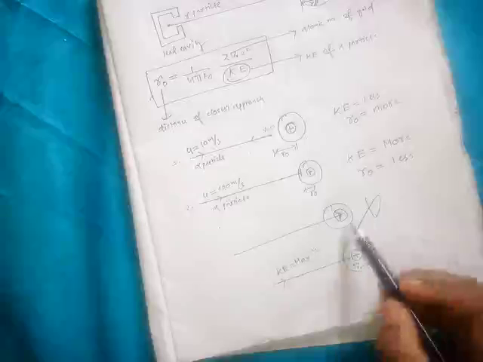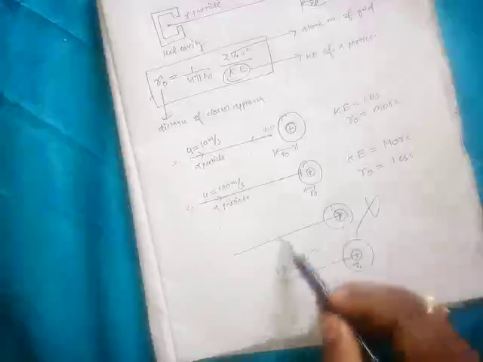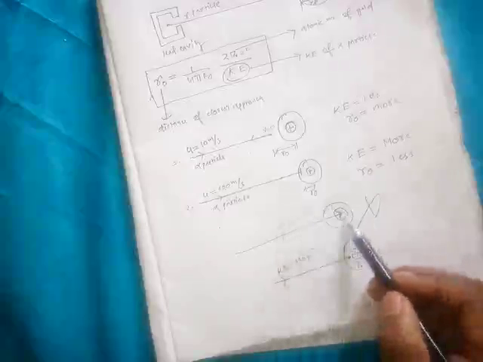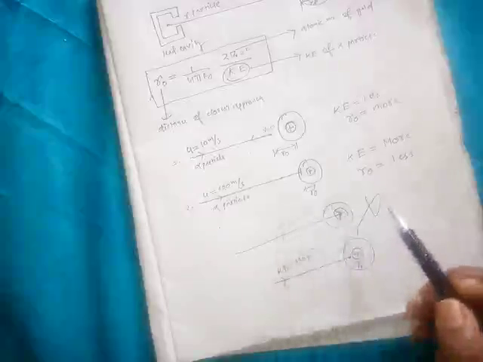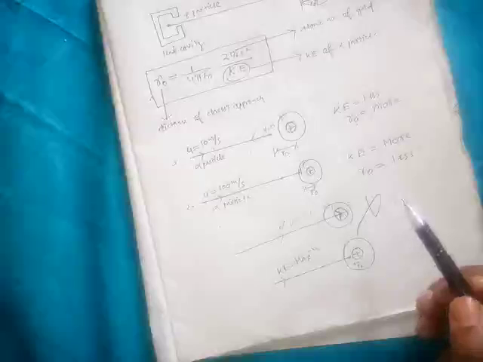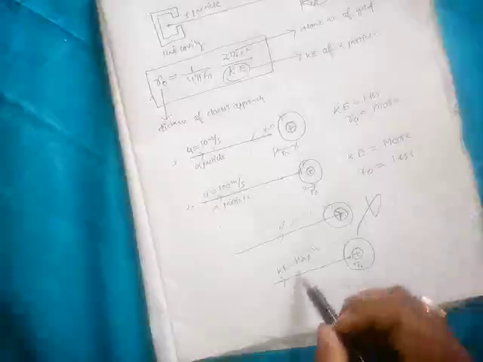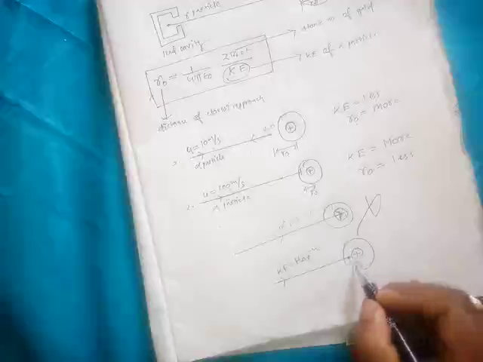Why could the alpha particle not come inside the nucleus? Because if it goes inside the nucleus, then it will not become repulsion, it will become attraction. Yes or no? Attraction is not possible between two same kinds of particles. So if you give maximum kinetic energy, it can approach the gold nucleus to the minimum distance. Is it okay? That point is clear.